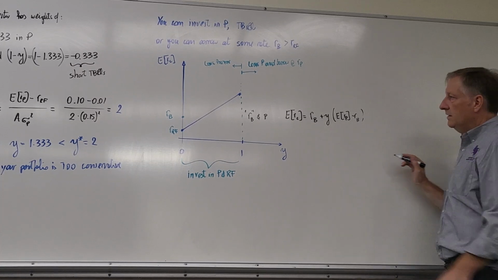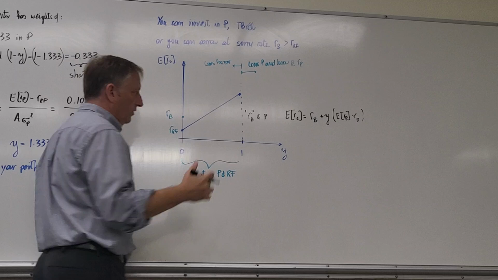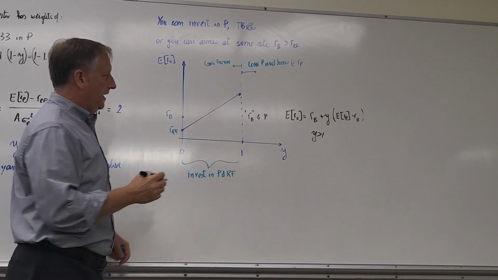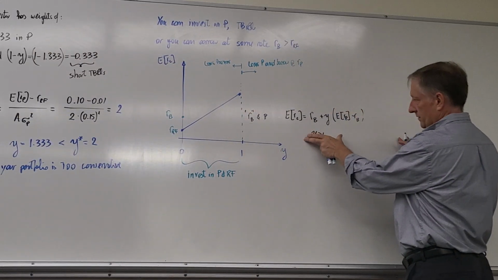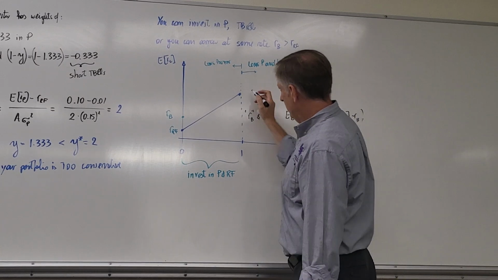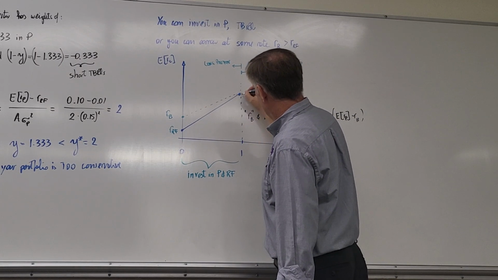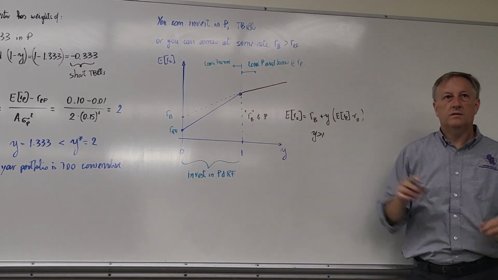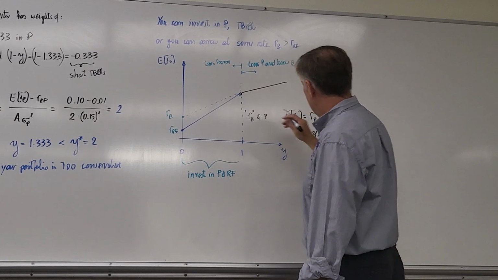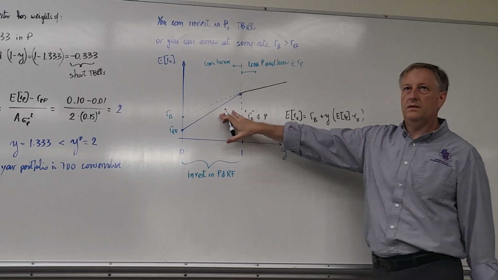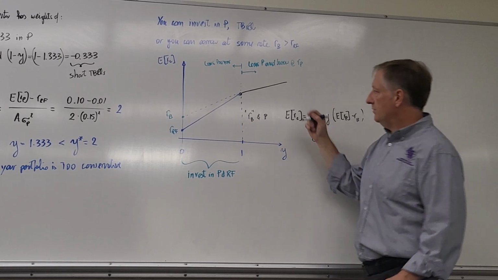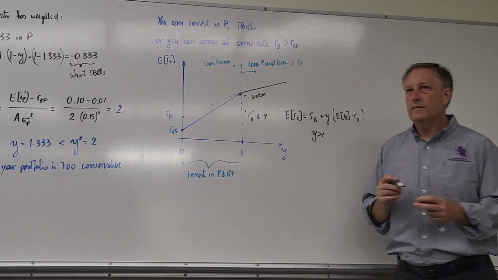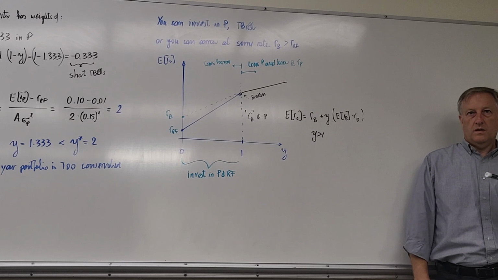It's the equation of a line, even though this is only true for y greater than 1. The continuation of this line still exists here, but only applies from this point on. So you see there is a kink, and this is occurring because you're borrowing at a rate greater than the TB rate. So this is broken here. Yeah? Questions?